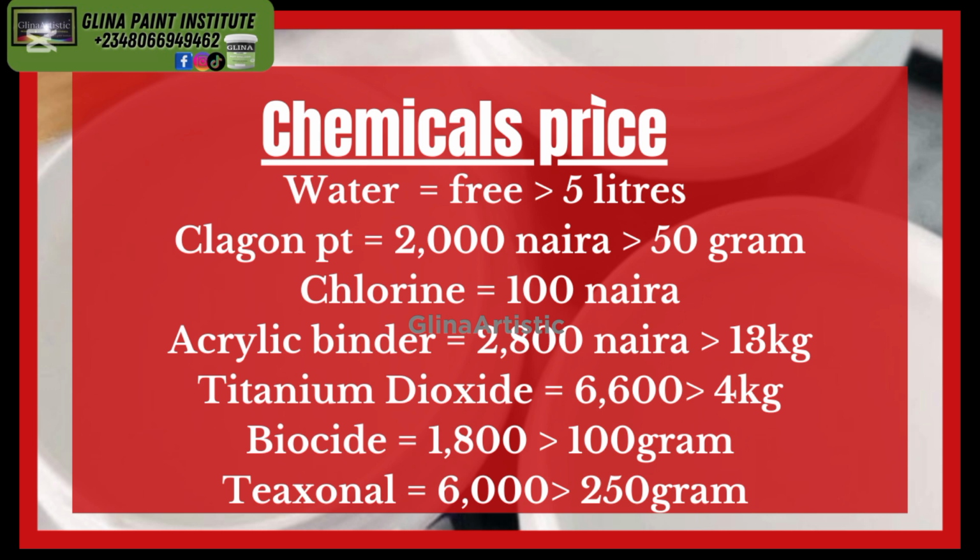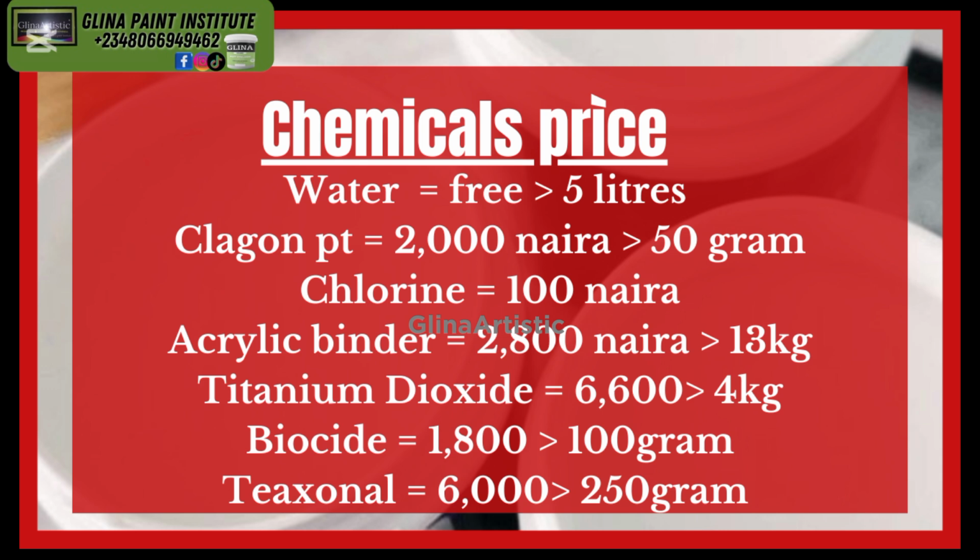So now, acrylic, 13 kg. How much is acrylic sold in your area? 3,000. This is kg now. So we are not dividing, we are timesing. So 3,000 times 13. How much is it going to give us? I think it's going to give us about 36,000. Am I right or wrong?